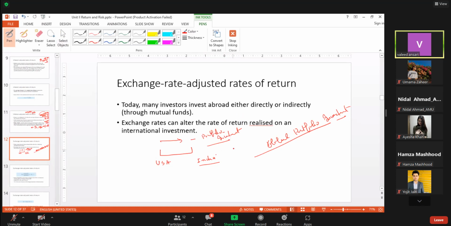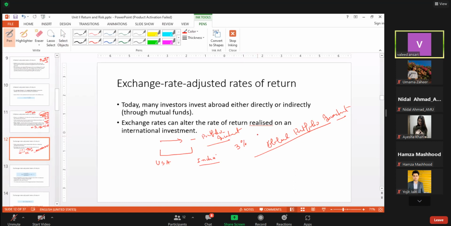Now let us say the US stock market is providing a return of 3%, and 3%, 4% in the US is very high, please keep in mind. That is why Trump gained a lot of popularity, because the stock market return was very high in comparison to the past return in the US. Let us say 3%.